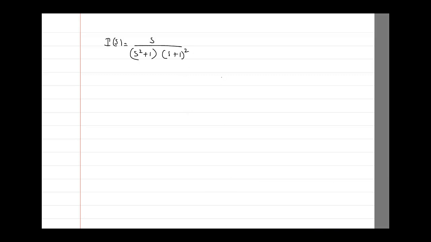If you remember, for quadratic terms like this, I will write as plus b in the numerator divided by s square plus 1, and plus for the second case I will use c divided by s plus 1 plus d divided by s plus 1 the whole square.